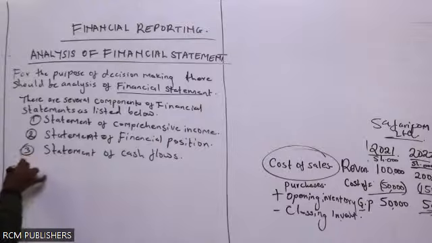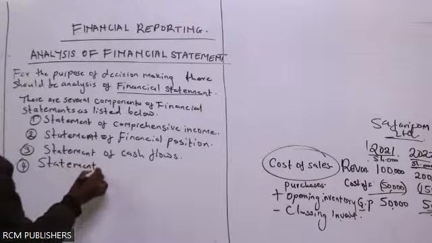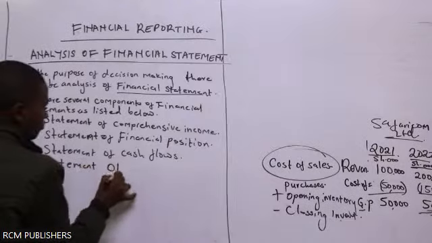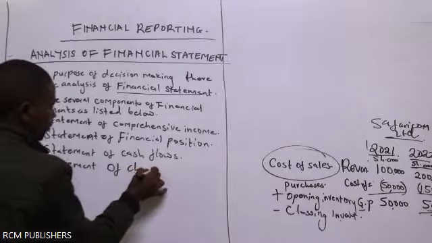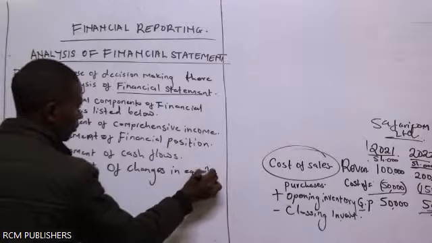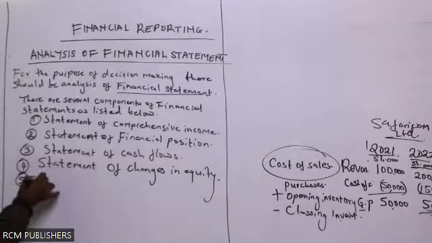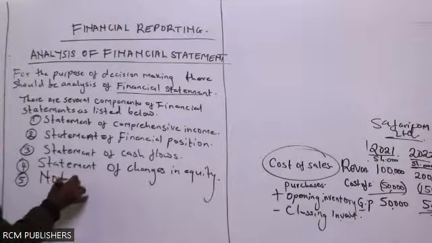And then we have four, class, statement of changes in equity. Then we have five, the notes to financial statements.